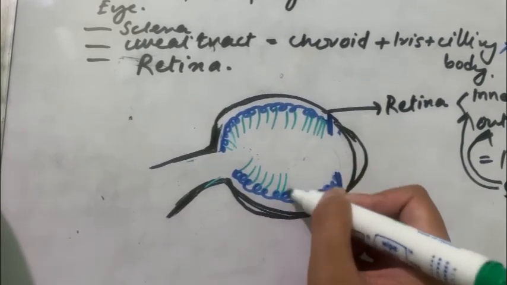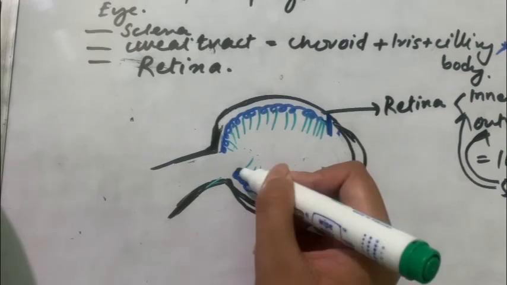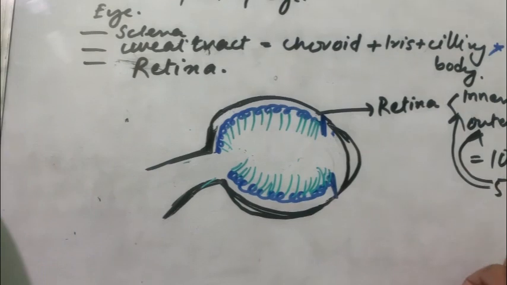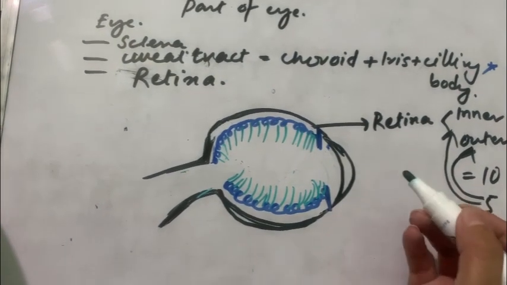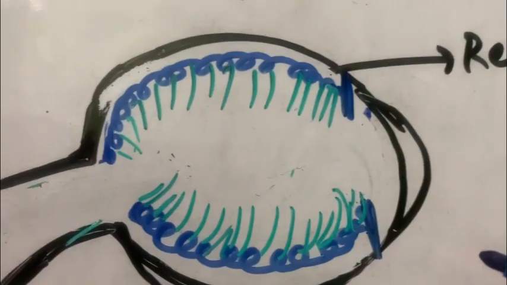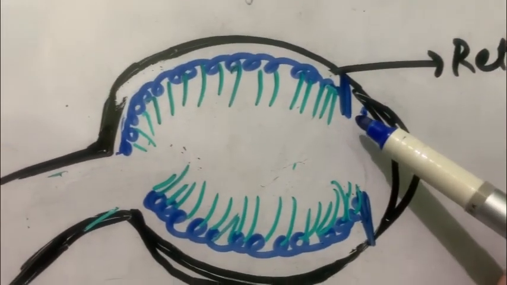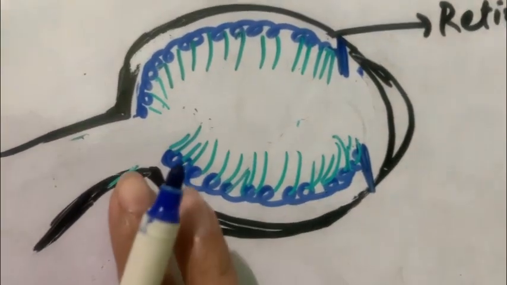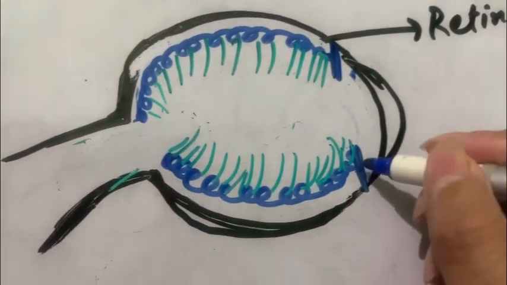Retina is basically a part of central nervous system, so this is inner retina. We will go into details of the outer retina and inner retina. This is the point where retina terminates, as it starts from here and terminates here.